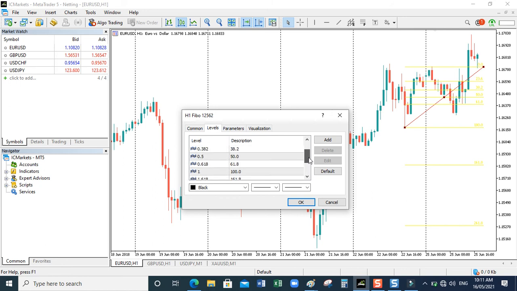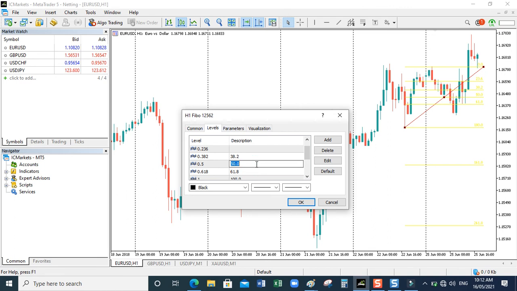shift them forward. So we're going to delete this. We don't need this. Okay, we'll delete those ones.